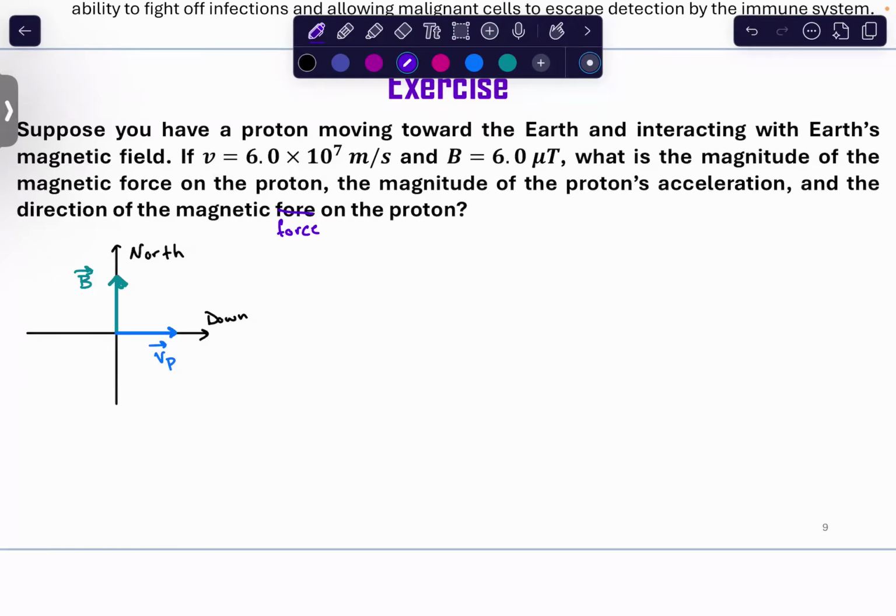If you keep asking me questions like that, I'm going to make you represent it like this. Well, that's going to be the force, but I'll make you do that. Technically that would be down, so you can call that one the velocity. You just need to be able to represent these at a 90-degree angle to each other.